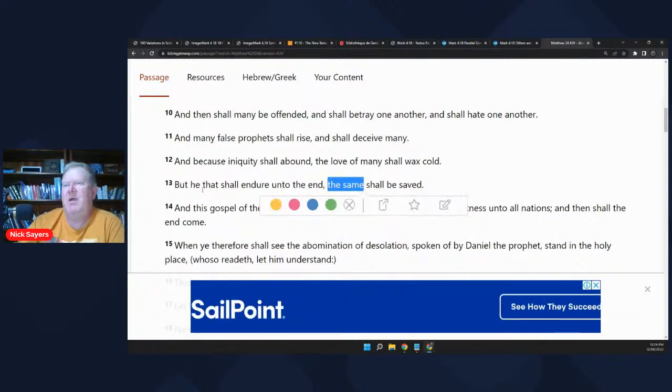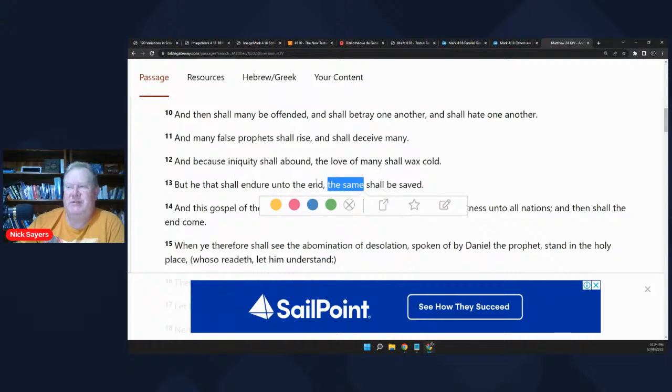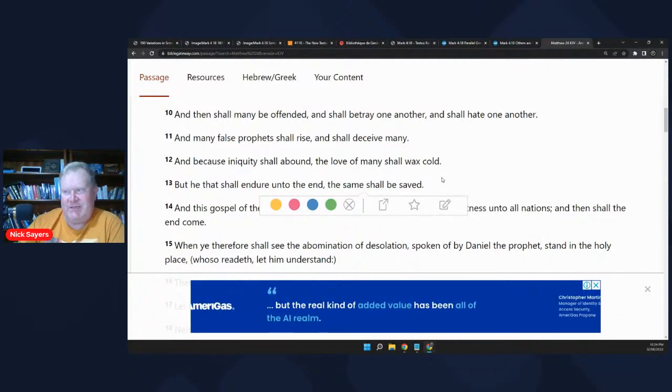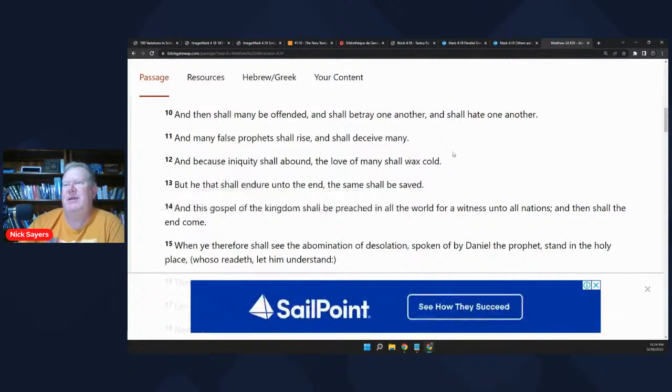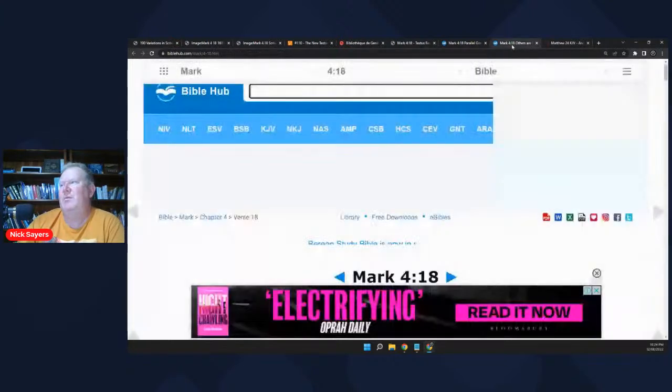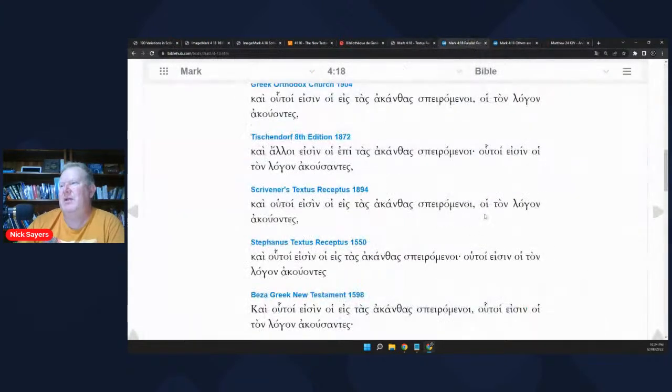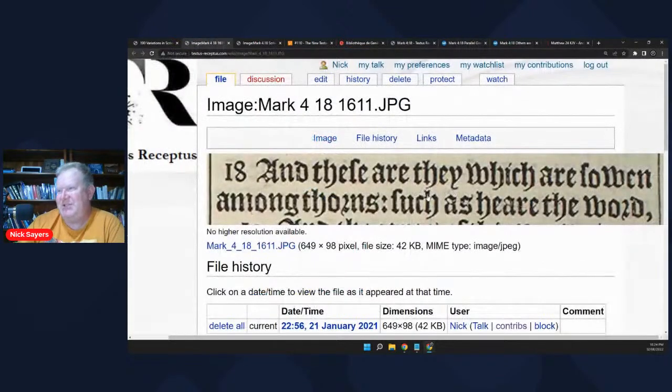"He that shall endure to the end, the same shall be saved." So it's obviously talking about the same people here. So when we're looking at this text, the "such as" are basically talking about the people beforehand. And so it's quite simple. It's very basic. It's not complicated.